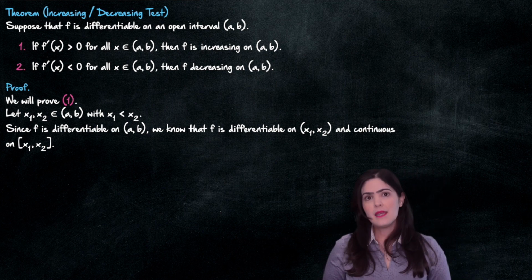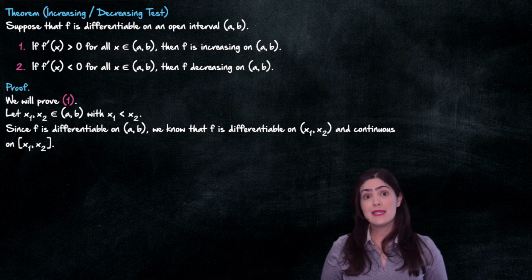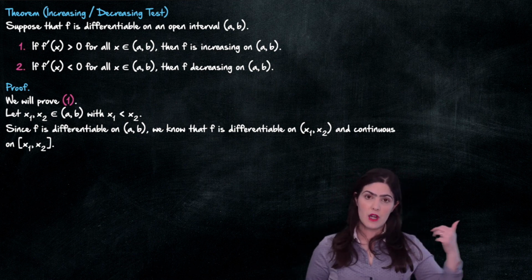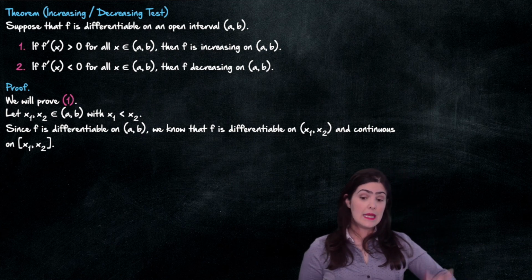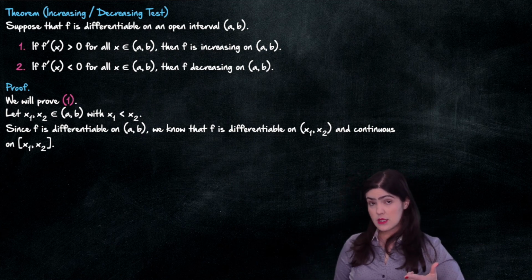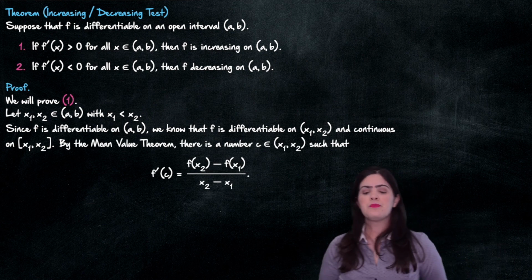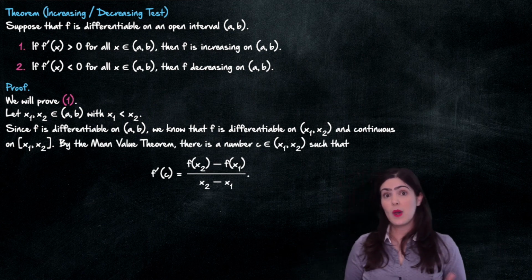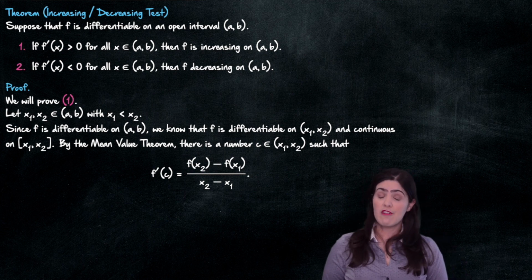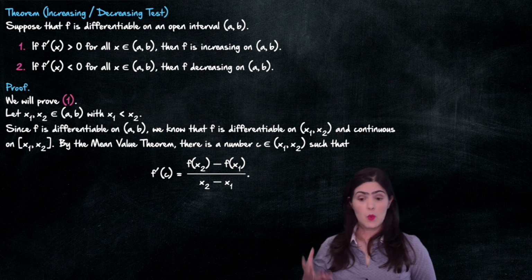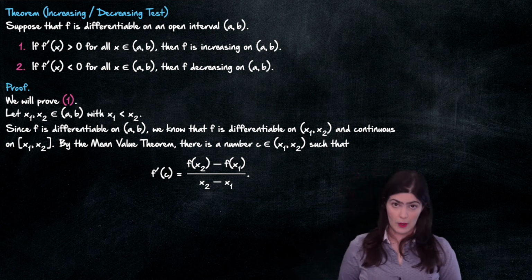So I can say indeed that my function is continuous on the closed interval. Perfect. My function is differentiable on the open interval and continuous on the closed interval, so I can apply the mean value theorem here to find a point c between x1 and x2 such that f'(c) is equal to (f(x2) minus f(x1)) over (x2 minus x1).